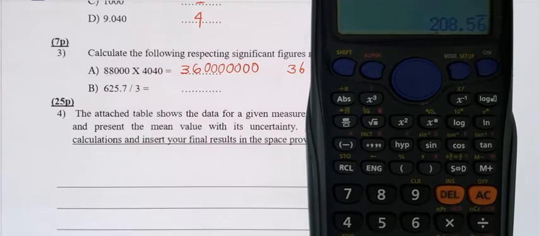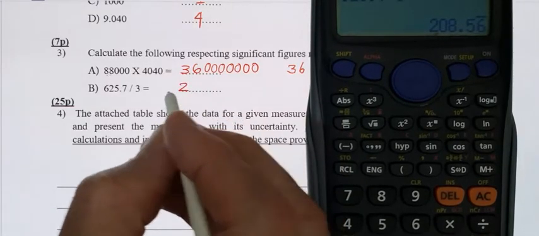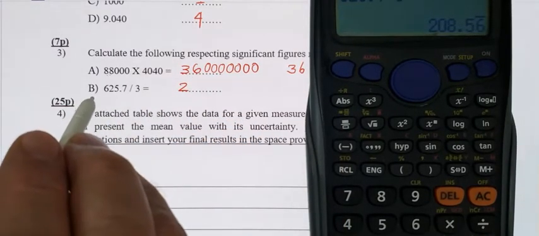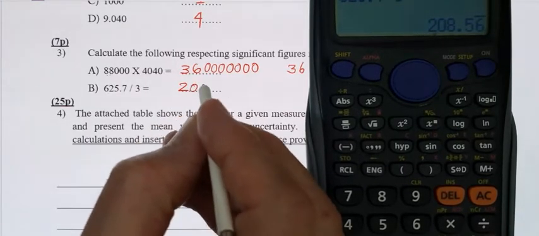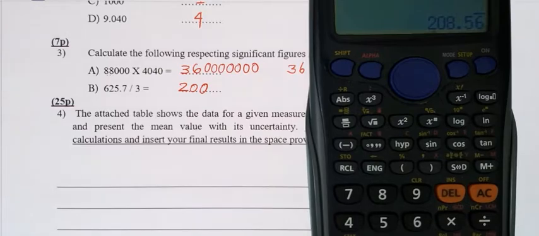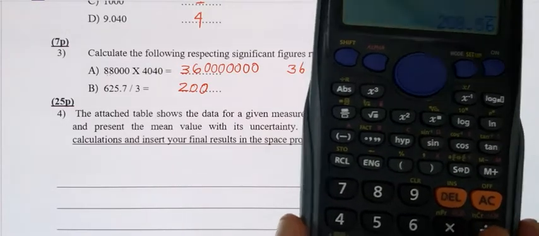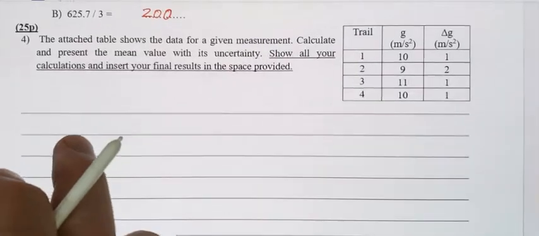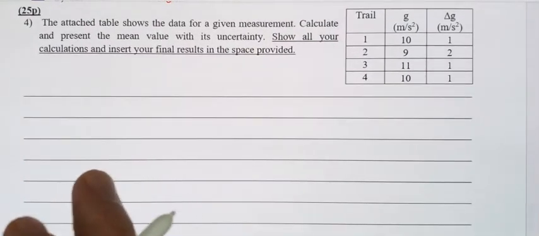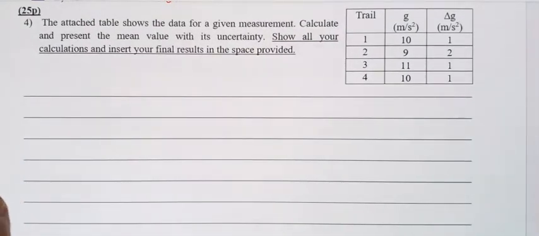So I just write 2, and then this is too small, so I need to add 2 zeros. So it's 200. If you write the answer using the numbers from the calculator, for sure it is wrong. You need to apply the significant figures rules.